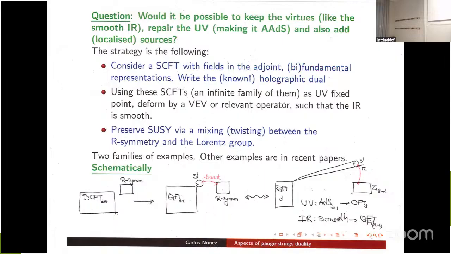The infrared is going to be smooth, so trustable, and it will correspond to a quantum field theory in 2+1, 3 dimensions. So still there is a compactification, but I can reliably calculate all along the flow, and this flow will be between a 4D field theory and a 3D field theory in the examples that I will discuss. Is this idea clear? Okay.